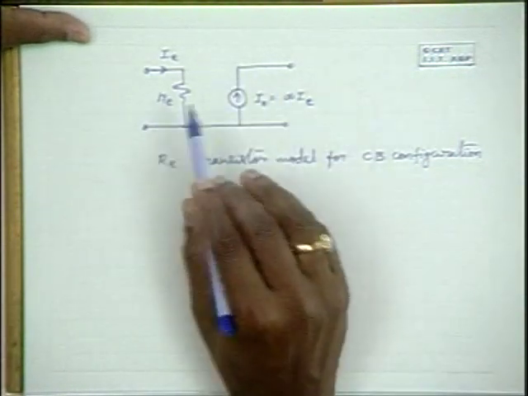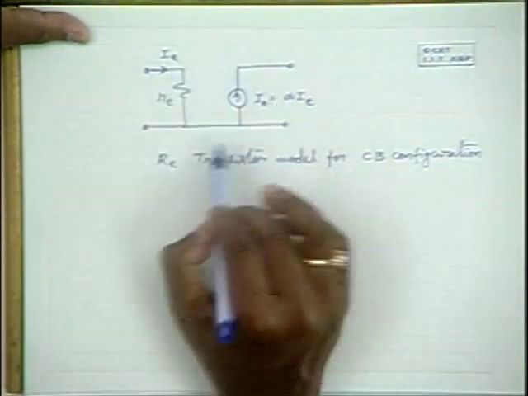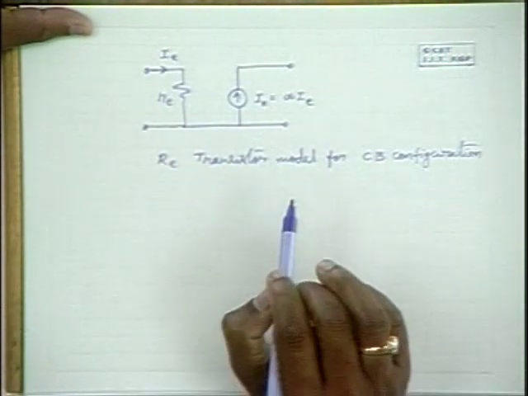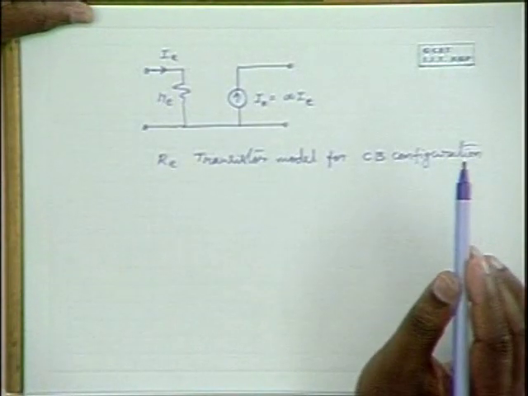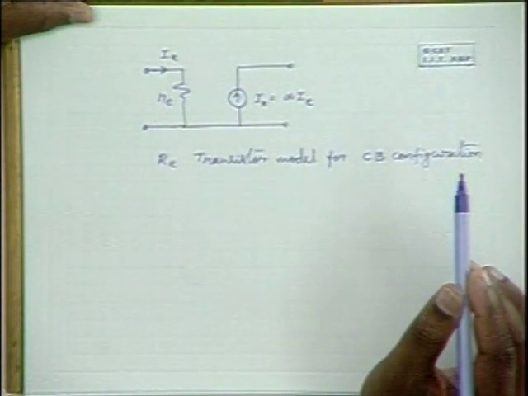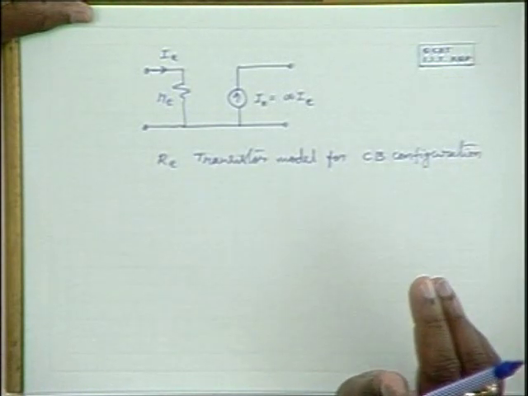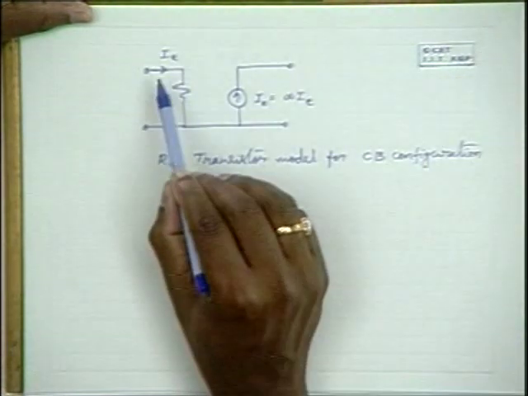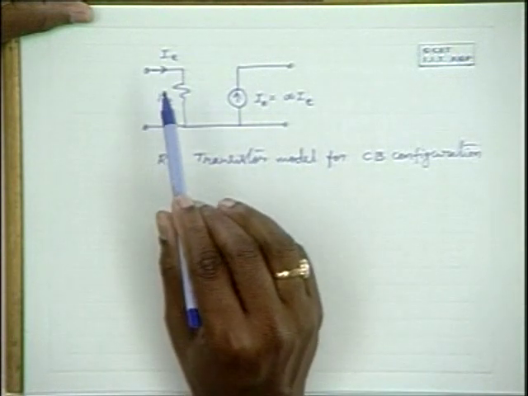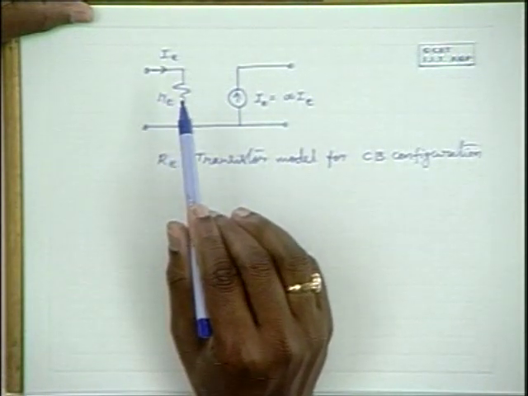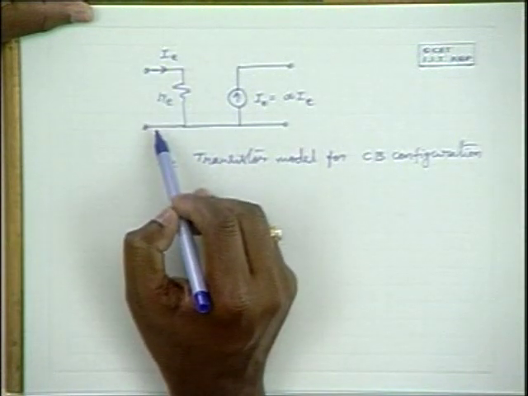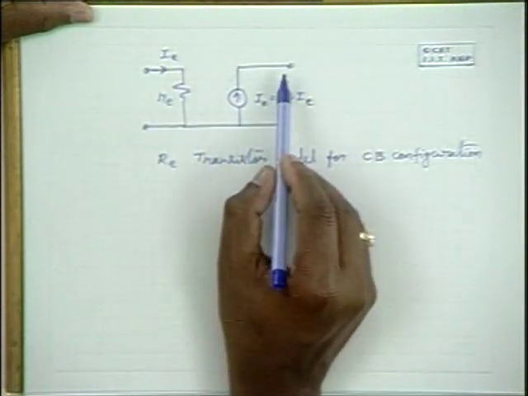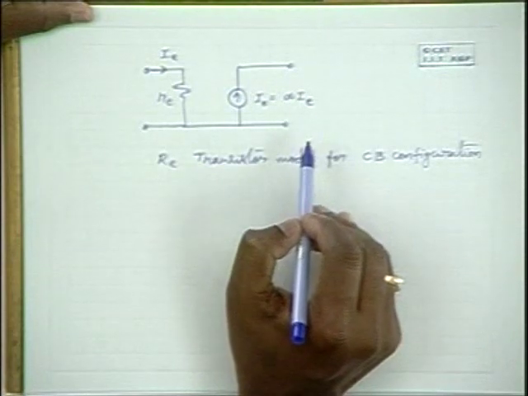Once this model is available, we can use this model in a transistor circuit, in an amplifier circuit, and we can determine how much is the overall voltage gain that can be obtained, and so on. In a transistor amplifier circuit, please note that it includes some other resistances which are used for biasing purposes. For example, here R1 and R2 come into the picture, and RC comes into the picture here.